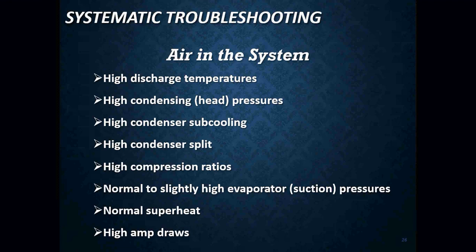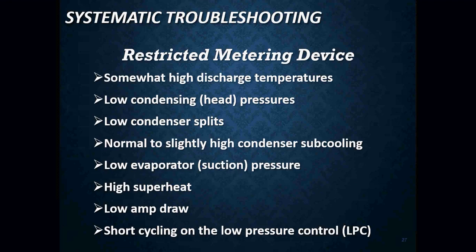For example, a non-condensable. You're going to see high discharge temperatures, high head pressure, high condenser subcooling, high condenser split, high compression ratio, normal to slightly high evaporator suction pressure, normal superheat, and high amp draw.